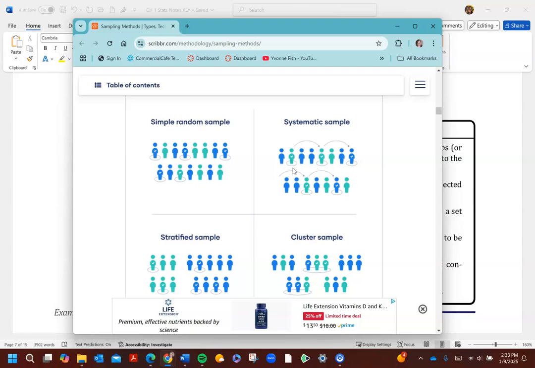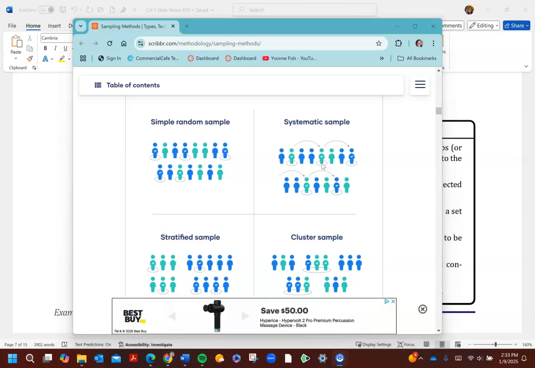Systematic sample, you can see that it's every third person, but often with that you may be wondering, why didn't I just start with the third person? You could do that, but a lot of times you have to start with, like, to make it really random, pick a random start point.